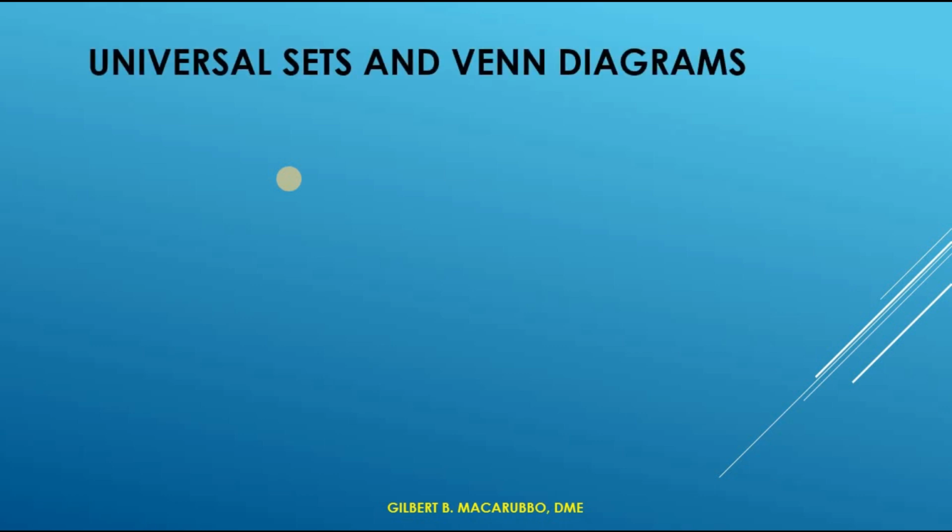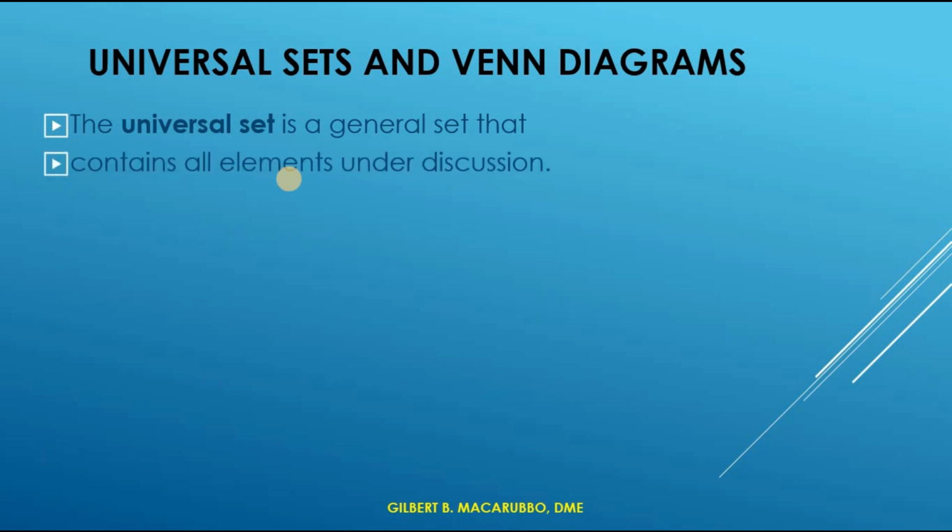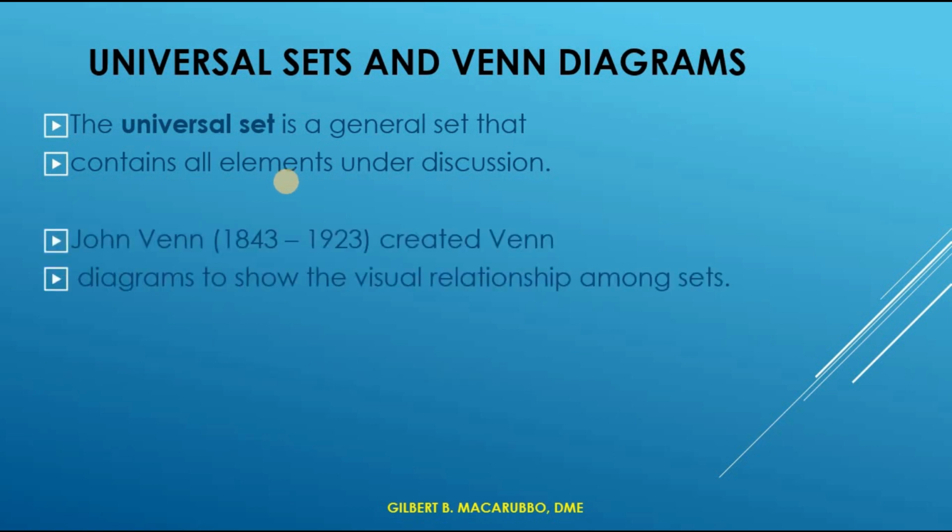Okay, let us have this universal sets and Venn diagram. Ano nga ba ang universal set? The universal set is a general set that contains all elements under discussion. John Venn created Venn diagrams to show the visual relationships among sets.